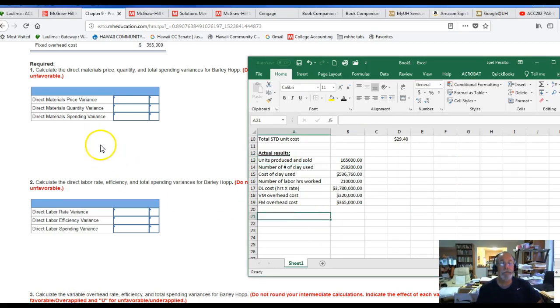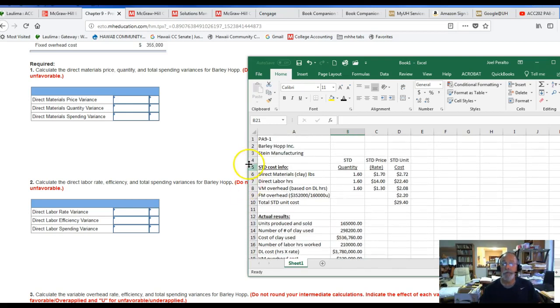We start with requirement 1 and the first item, direct materials price variance. This would basically compare our standard price versus our actual price for our material. Our standard price was $1.70, and so we need to compare that with our actual price.